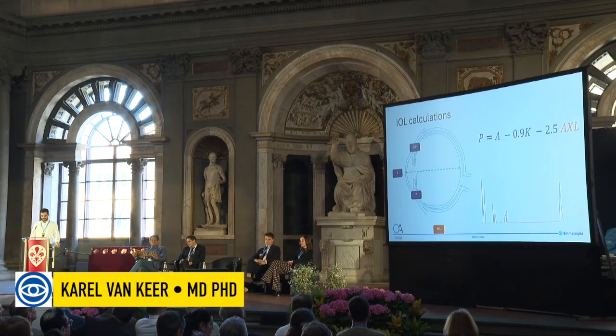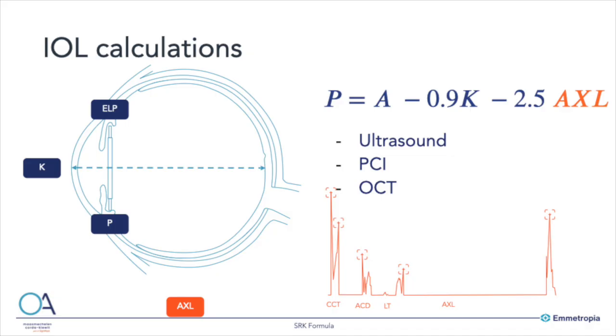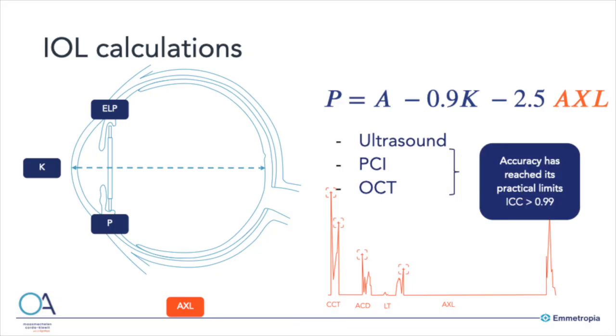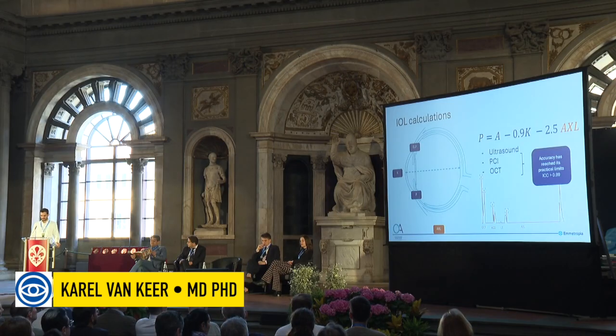Axial length can be measured using ultrasound, partial coherence interferometry, or OCT. But with modern devices, I think a practical limit has been reached in accuracy, with intra-class correlations, as we will see also in the study, above 0.99.